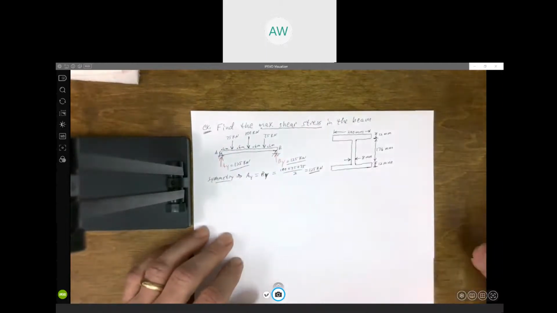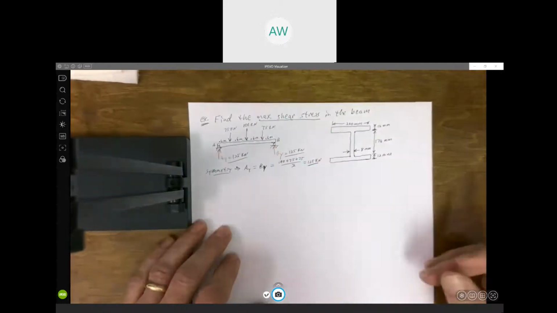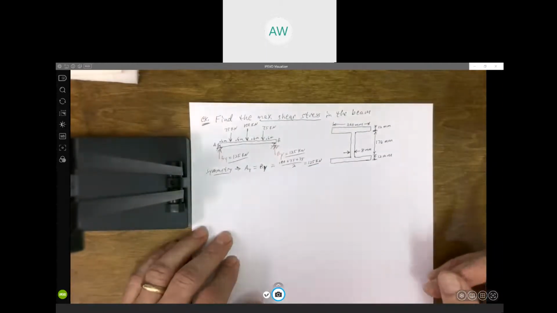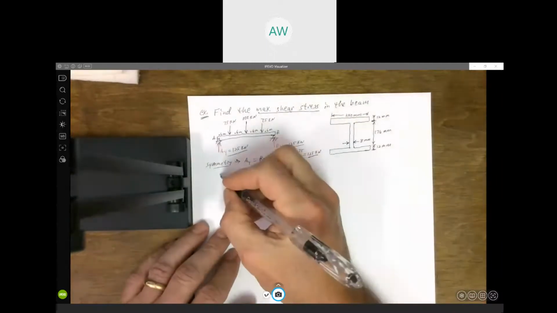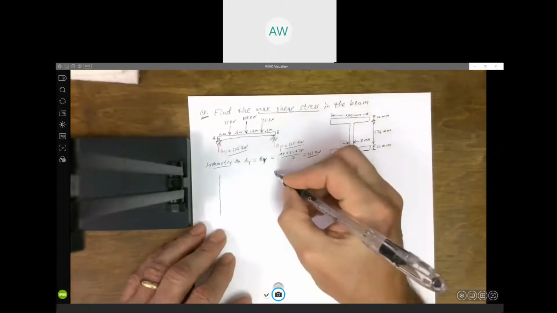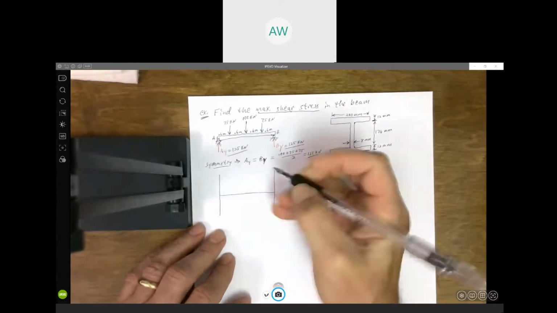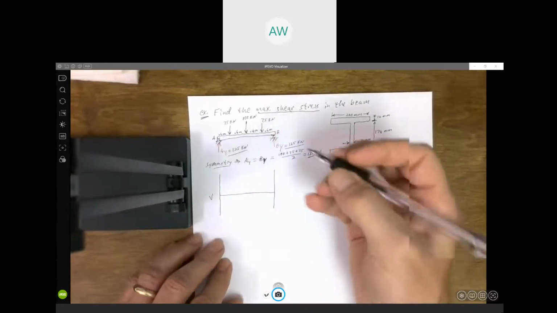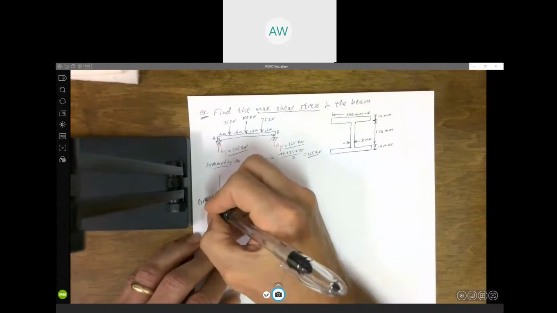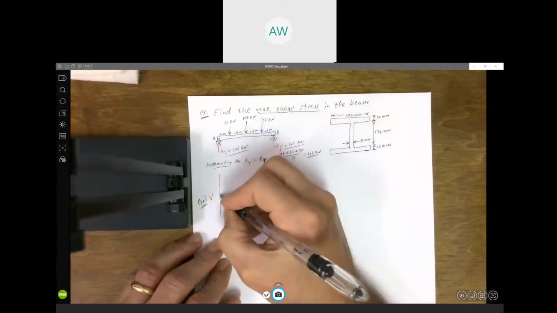Anytime you can use symmetry, do so. Less work. All right, so let's draw our shear diagram. This is the shear, in kilonewtons.